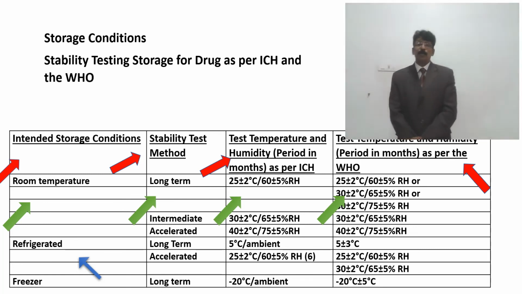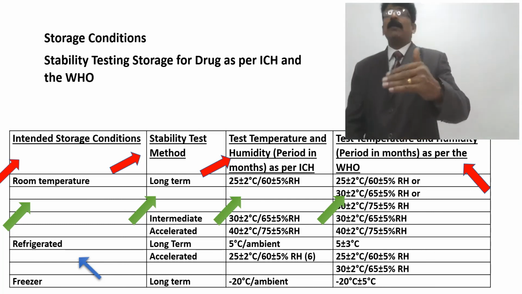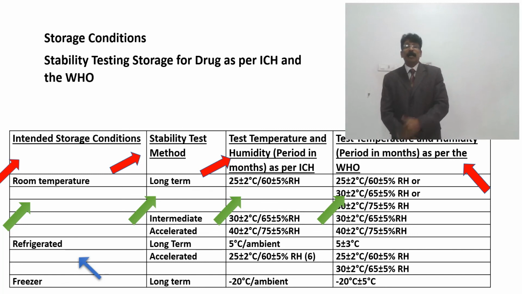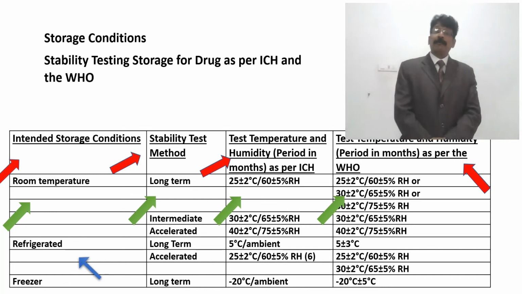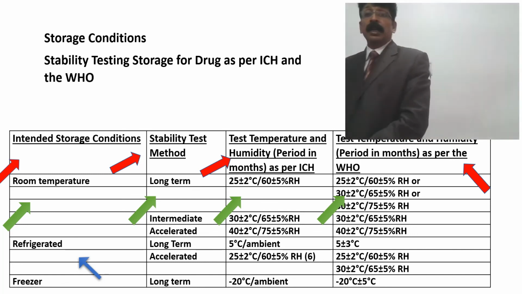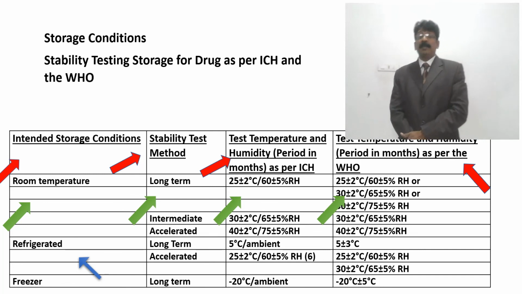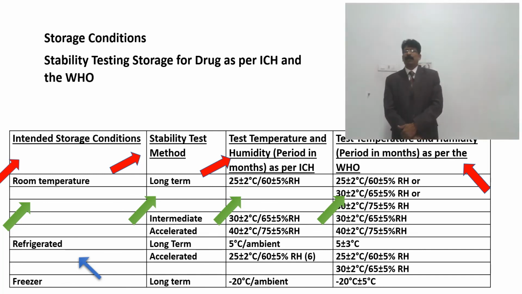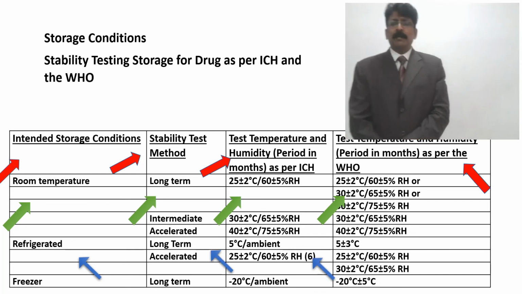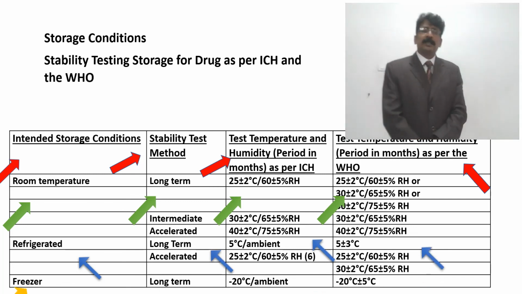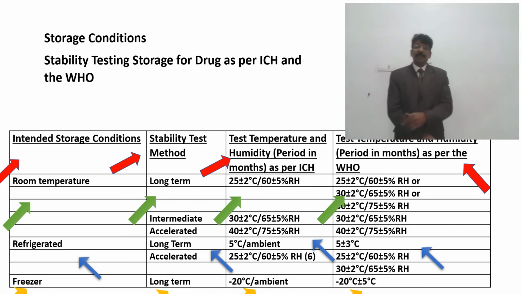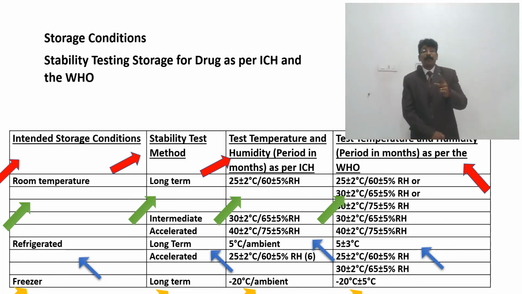The only thing is WHO gives one more extra, 25 and 30 you can perform in accelerated, and in long term you can go for 25, 30 and also humidity 65 and 75 can be performed extra. You can remember the tabular column very easily, and it can be denoted in your experiments, in your answer paper. So this is what I want to show about the freezer, refrigerated, room temperature and intended storage condition.